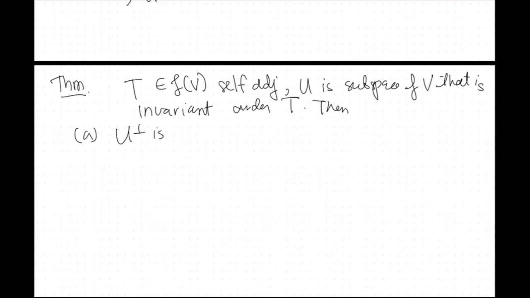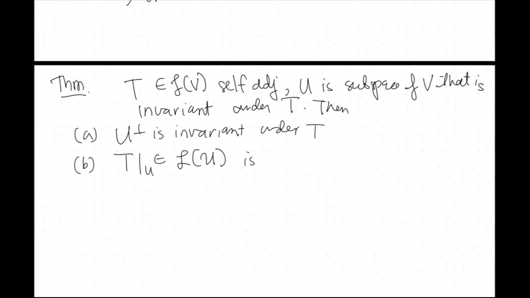A, U perp is invariant too under the same operator T. B, T restricted to U is also a linear operator on U, also self-adjoint.